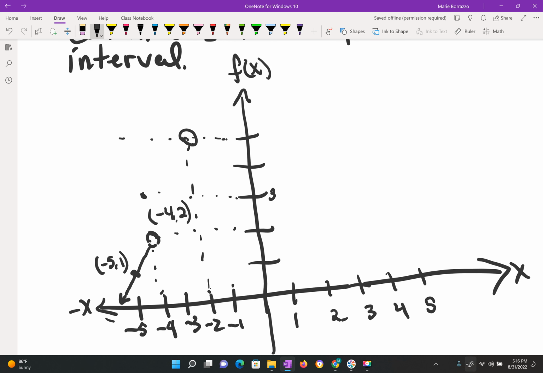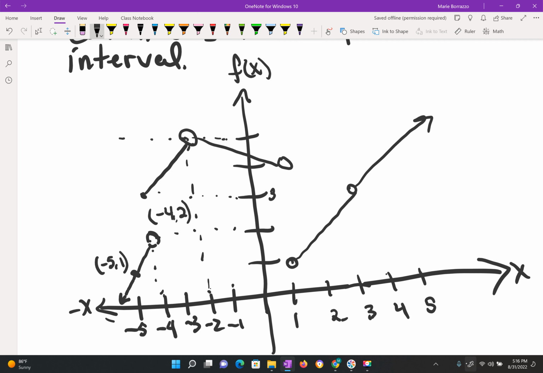We have an open dot here, so this goes like this, and this crosses at 1, 4, an open circle. At 1, 1, we have an open circle, and at 3, 3 we have another open circle, and then this shoots off in this direction as such.